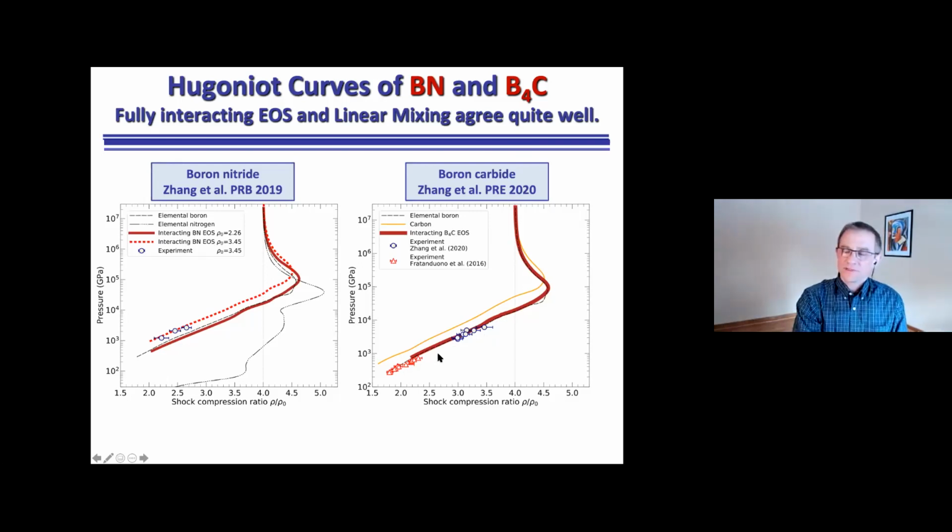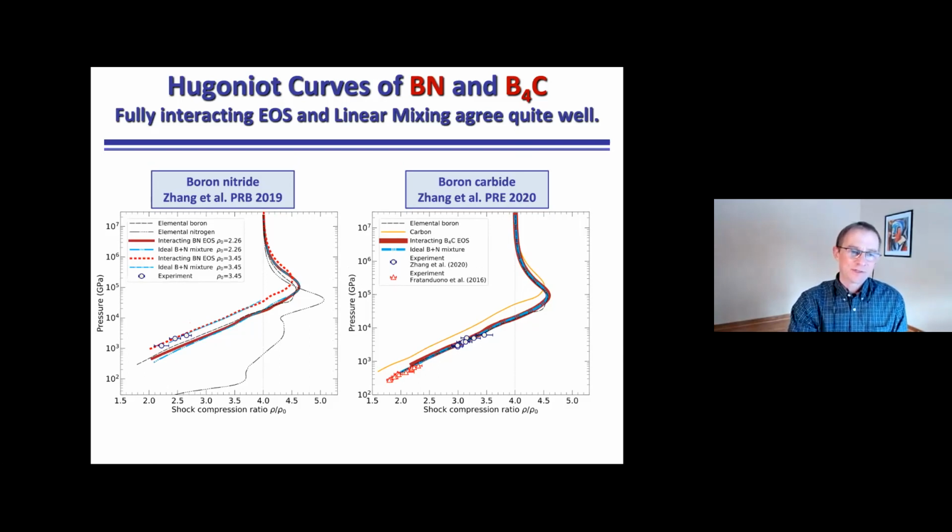And then we did something very simple. We basically overlaid the results with a simplified simulation method, and these are the blue curves. We did something slightly ludicrous. We basically said, can I get those results from fully interacting simulations of boron nitride and boron carbide by pretending, or rather combining, the equations of state for boron and nitrogen separately, and for boron and carbon separately, and try to get the same result.